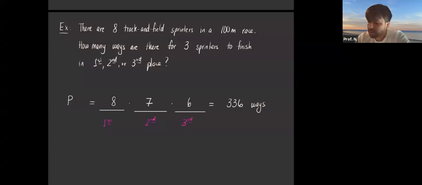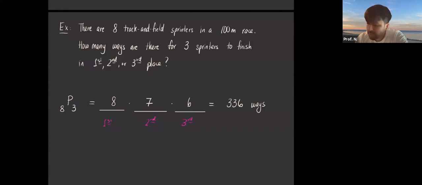So then we use this notation. The first number as a subscript on the left side of P is the total number of objects we are considering. And then we're going to be choosing a specific subset of that number, or a smaller number that's less than 8. In this case, it's 3.